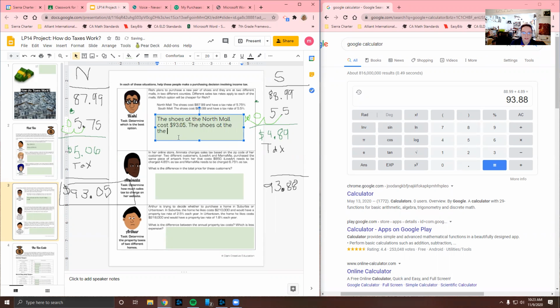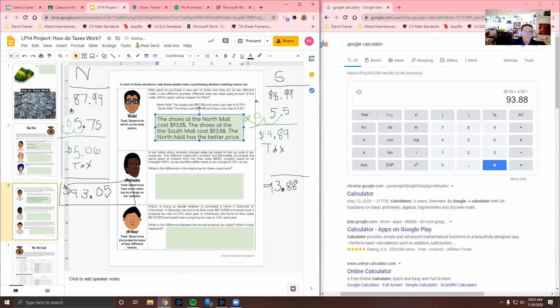The shoes at the South Mall cost $93.88. The North Mall has the better price.